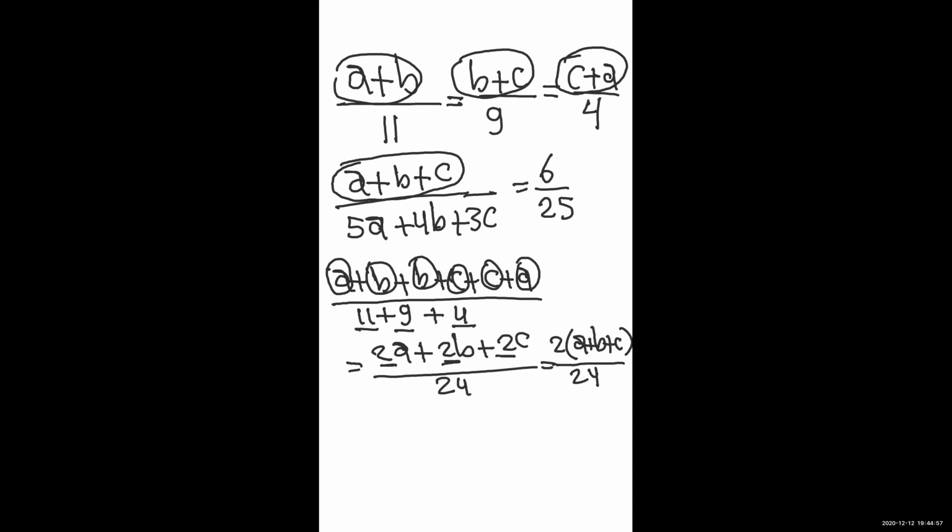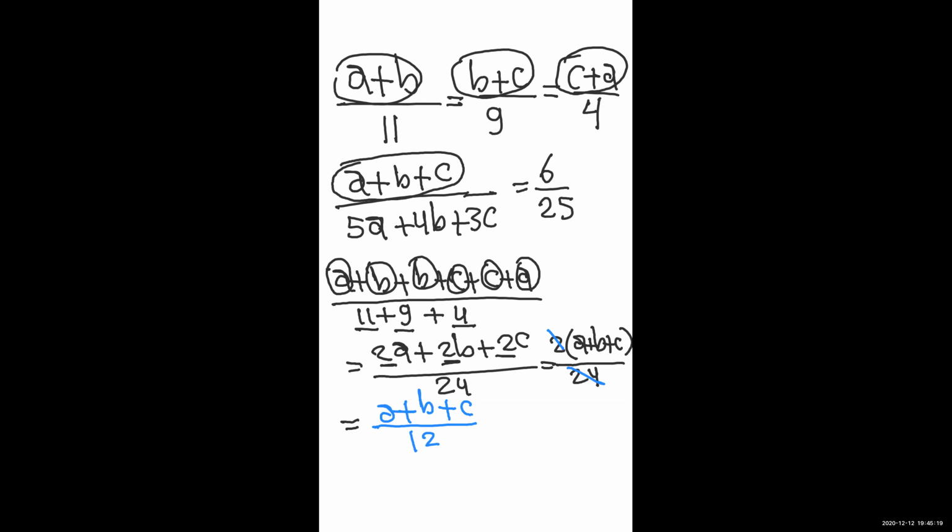We can simplify it now: simplify 2 with 24, this means 12. So A plus B plus C over 12. Are we clear till now? Yeah, it's clear. Okay, great.